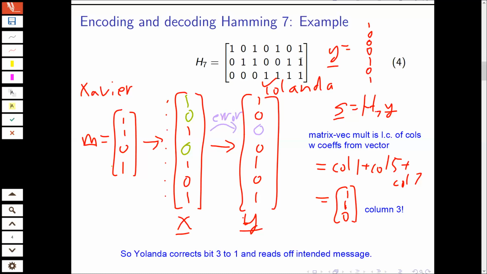Ishan asked, what if there are multiple errors? Well, then you're out of luck, because you can try it. It's sort of interesting to try. If you have exactly 2 errors, what will happen is that you'll get a correction, but it'll correct your received code word to the wrong code word.